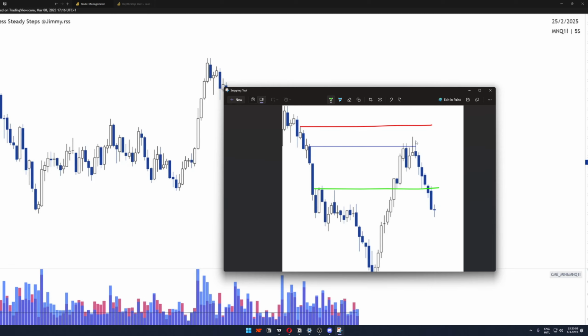So in this instance, we would have been stopped out at about, let's say, 20% risk. So we would have lost 20% on the trade instead of 100% if it would have taken out the stop.